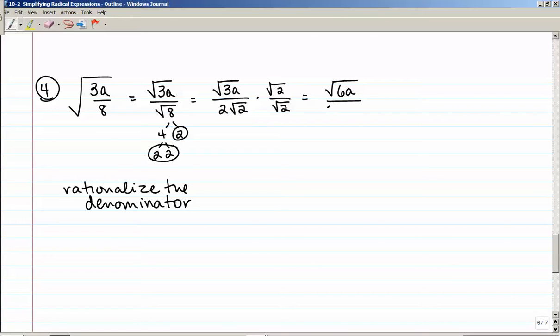On the bottom, I have my original 2, and then square root of 2 times square root of 2 gives me another 2, or cleaning that up, square root of 6a over 4. And that's my final answer. I no longer have a radical in the denominator, and that's as simplified as it gets. Now, do not try to cancel that 6 and that 4, because you cannot cancel something that's underneath a radical with something that's not.